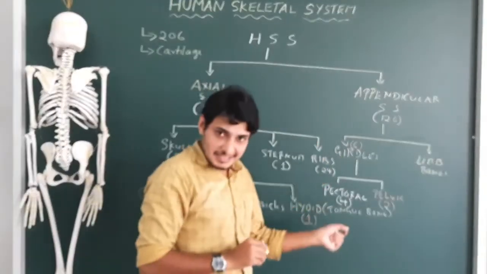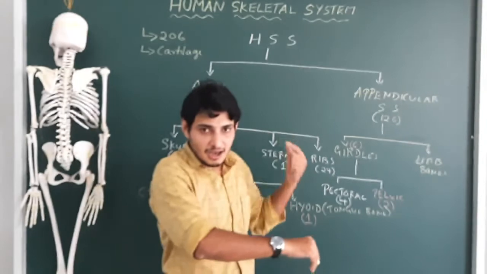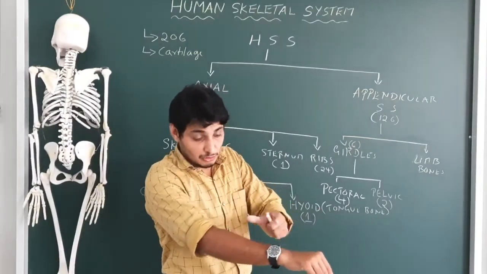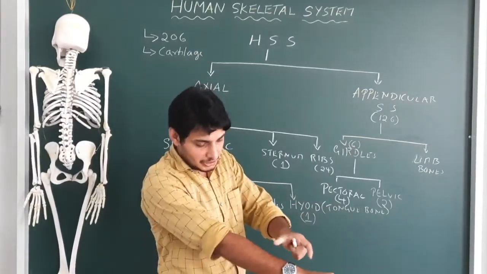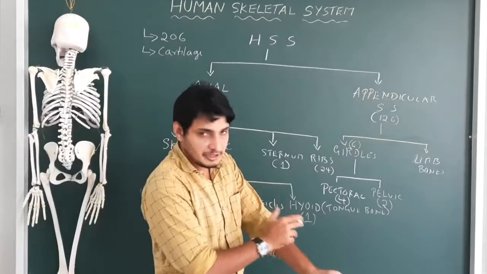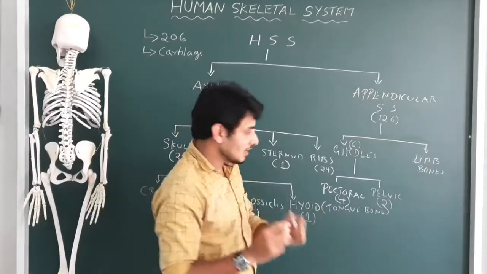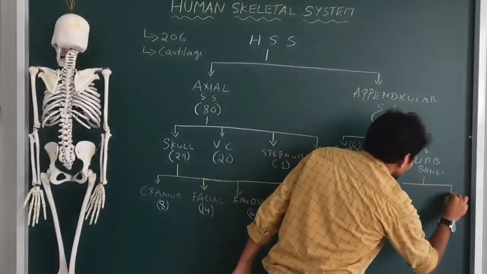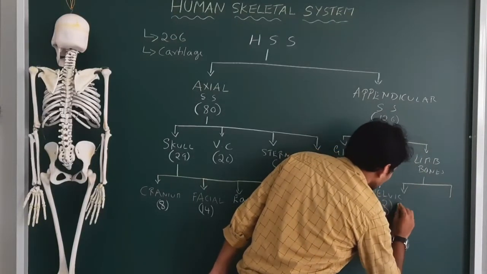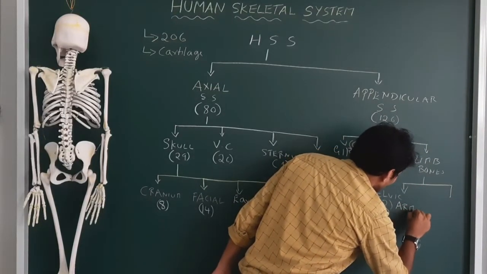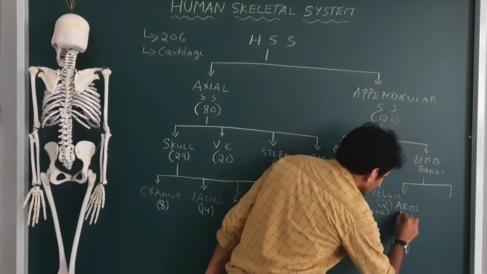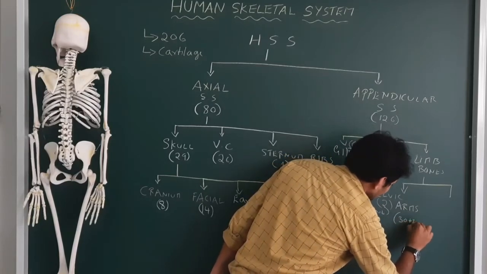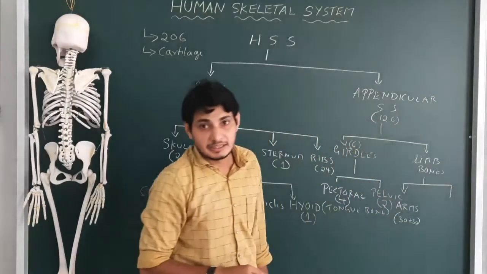There are 60 in one pair of arms. Here we have 30, here we have 30, so total 60. In our arms, we have a pair of arms, that is 30 plus 30. So each arm contains 30 bones.